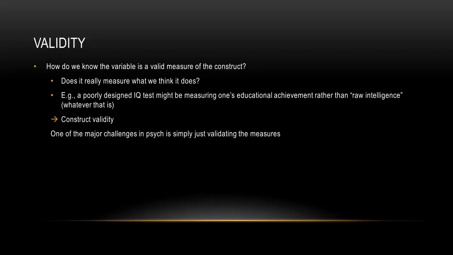But if on the other hand, it doesn't work to predict such things, then maybe the problem is not with the idea of intelligence, but with the test itself, right? It's not measuring intelligence correctly. There's all kinds of other ways. We don't really need to go down that rabbit hole of how to determine the validity of a measurement. That's for a whole semester of research methods. But the idea is that's one of our major challenges, right?